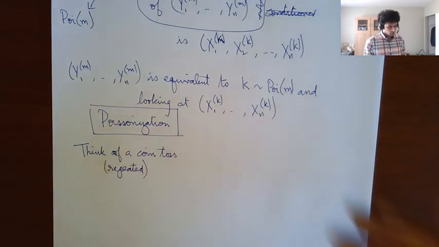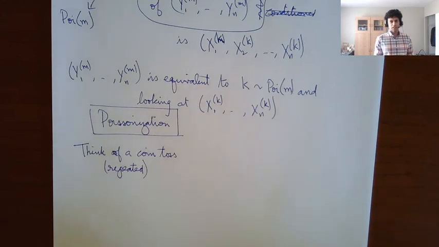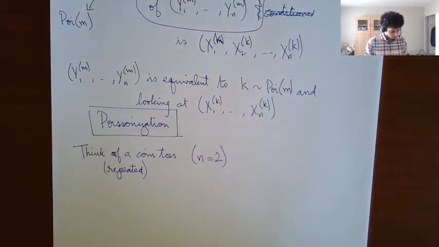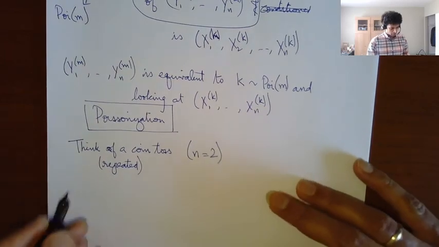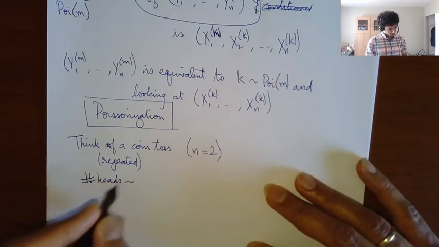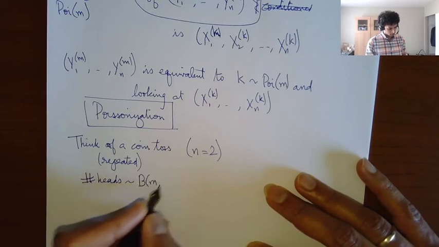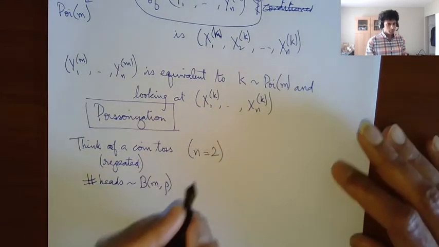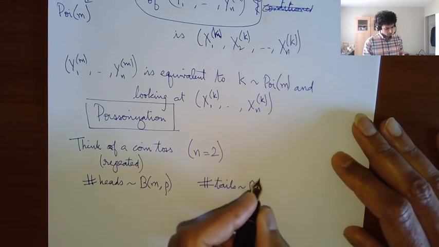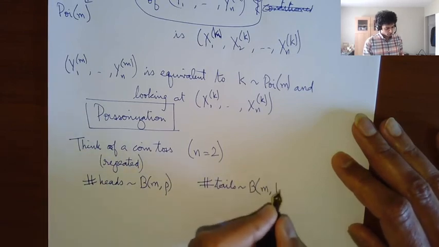You can think of this as a categorical distribution with just two outcomes, so n is equal to 2. There are just two bins, the heads bin and the tails bin. So the number of heads is distributed as a binomial of m, p. The number of tails is distributed as a binomial with m, 1 minus p.